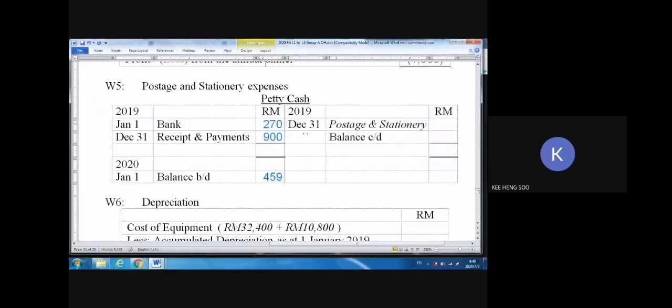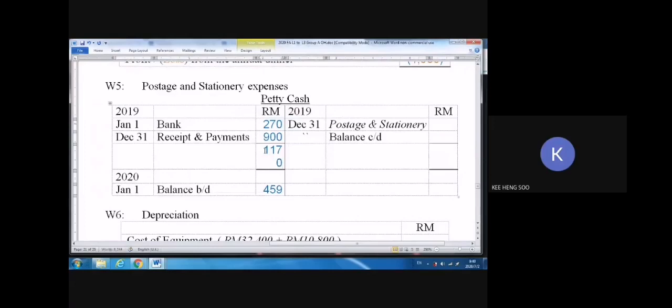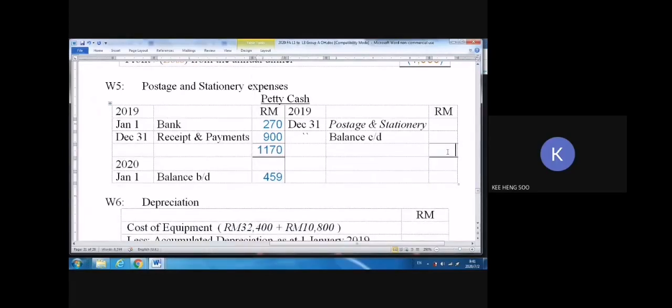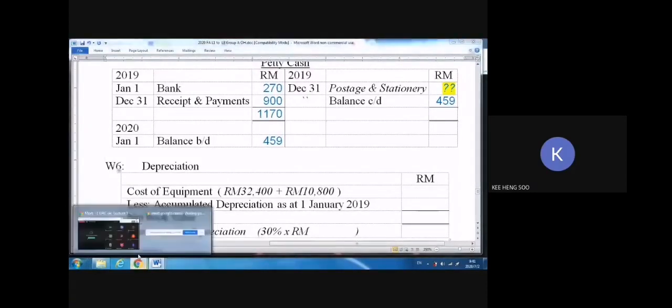So you add up together, 1,170. Then your balance will be 459 here. So you can get your figures here. This is a balancing figure, postage and stationery.